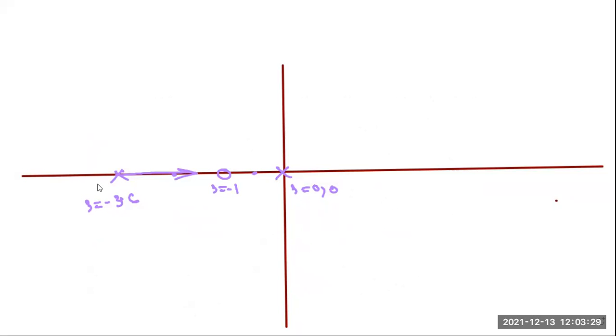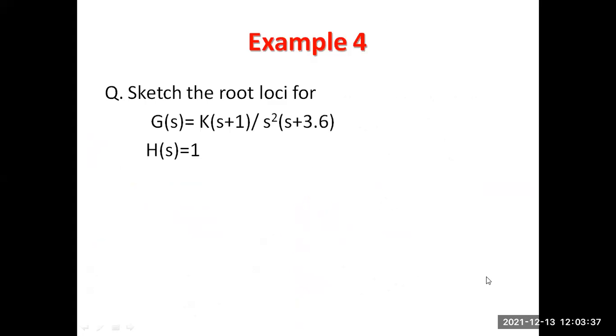Now, you first calculate the centroid. What is the value of centroid? Minus 1.3. Then you calculate the angle of asymptote.